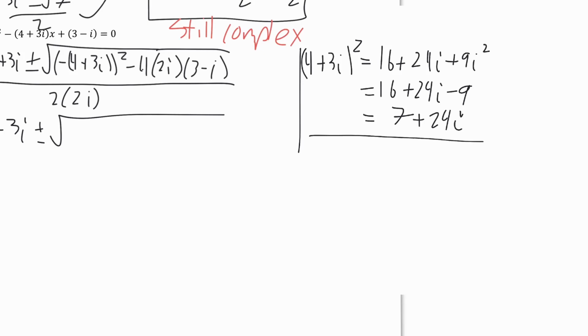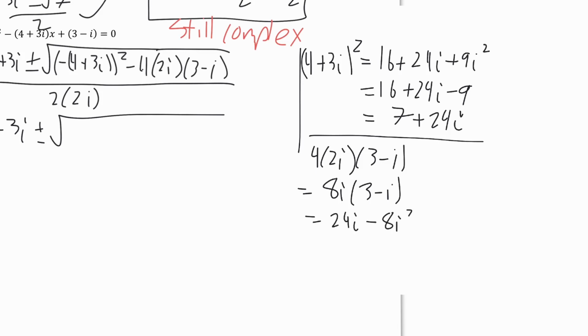Okay, and let's also do the other part there. We have 4 times 2i times (3 minus i). So that'll be 8i times (3 minus i). So 24i minus 8i squared. So 24i plus 8.